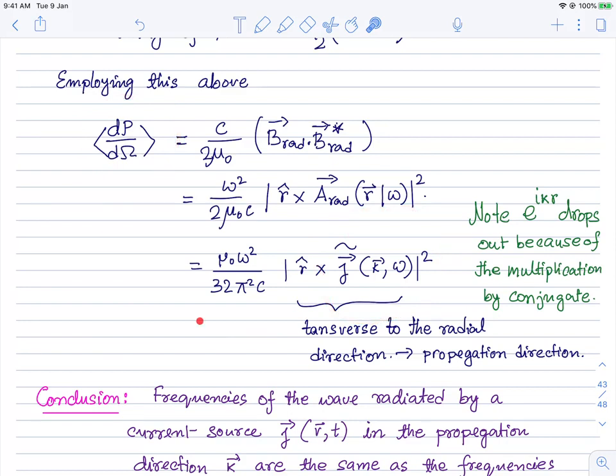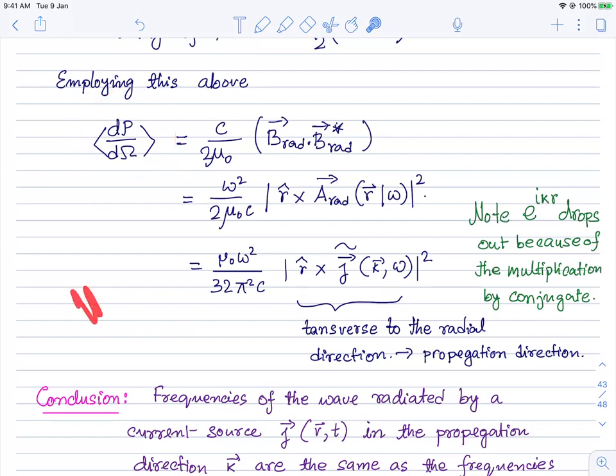Okay, so this is a nice and cute formula with which you can work even when there are many frequencies. The different frequencies will contribute differently, and the frequencies that contribute would have this form. So this is the contribution of a fixed frequency in a given direction, which is the power emitted in a given frequency in a given direction.